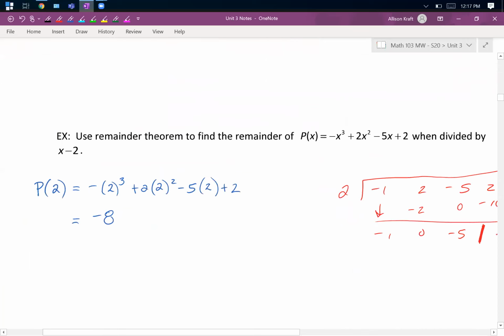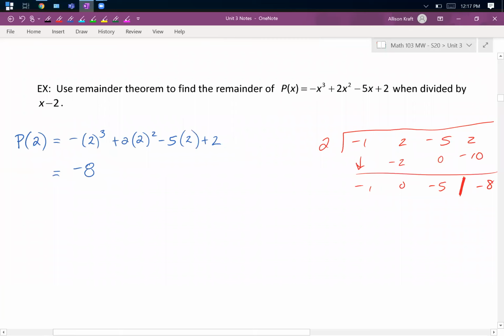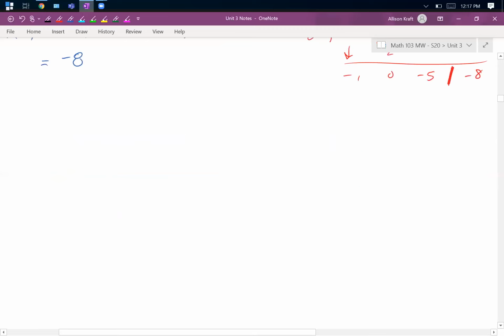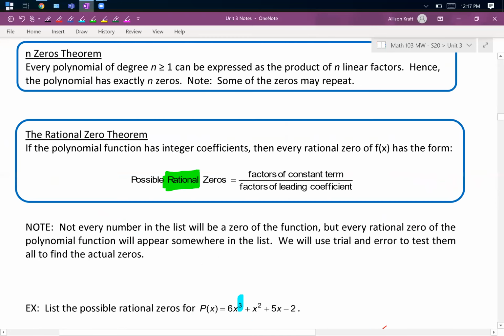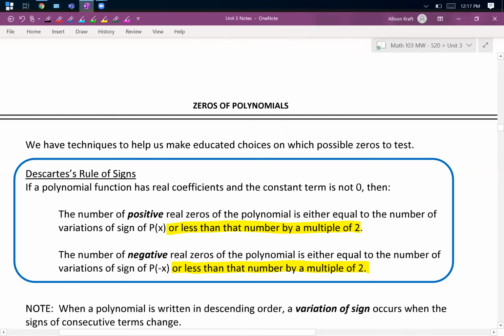We saw it here. That when I divided by x minus 2, if I plug 2 in, it's going to give me the same remainder I would get if I actually did the division. When I'm doing these longer problems, I do actually use remainder theorem, but only a little bit. I use remainder theorem to check +1 or -1. And I use it because it's easy.